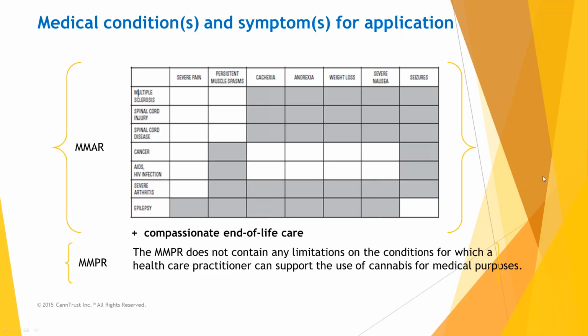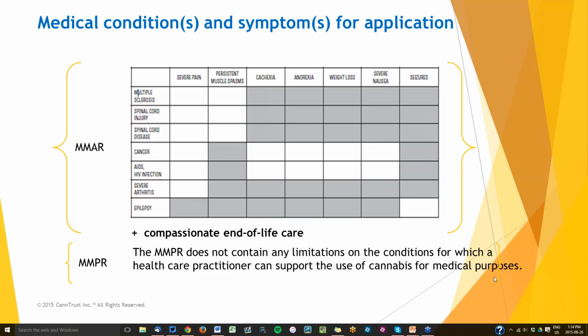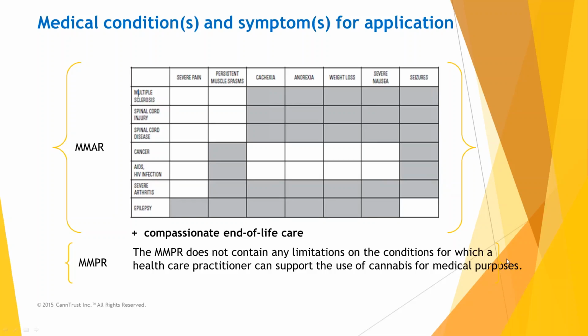Under MMPR, there are no limitations on the condition for which a healthcare practitioner can support or prescribe medical cannabis for the patient. Having said that, there have been guidance documents published by different groups such as Canadian Family Physicians, as well as licensing bodies that guide prescribers on how to assess, prescribe, and monitor patients when they prescribe medical cannabis to the patient. Next slide.